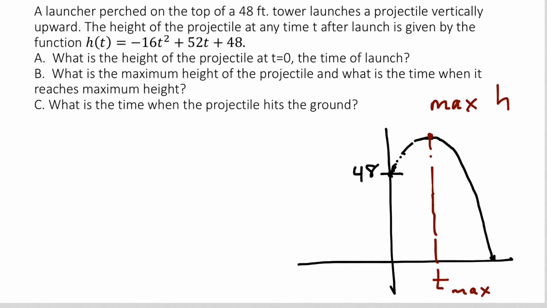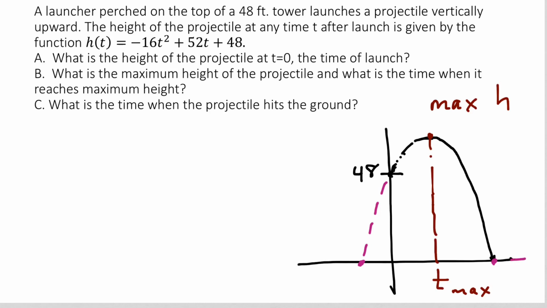So if I factor my parabola, I should be able to find this imaginary point over here, which doesn't have any physical meaning in our projectile problem. That would be one x-intercept, and this would be the other one. And the time t max would be the average of those two values.